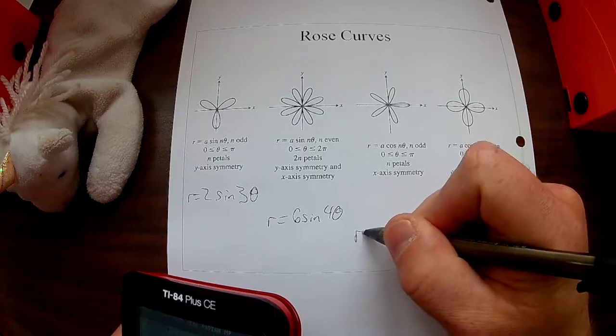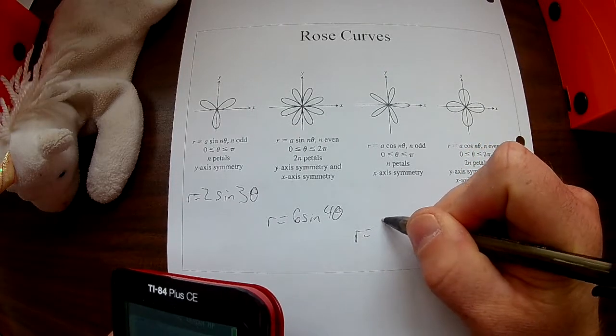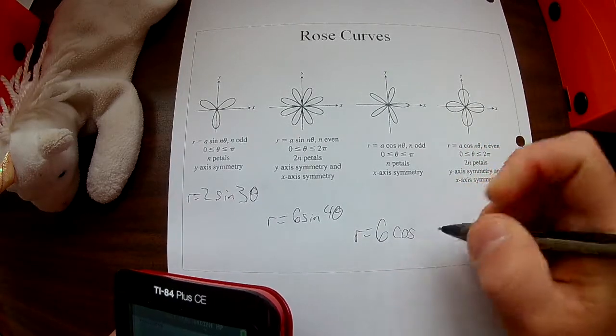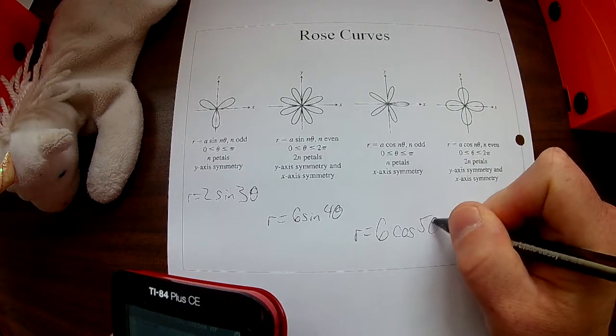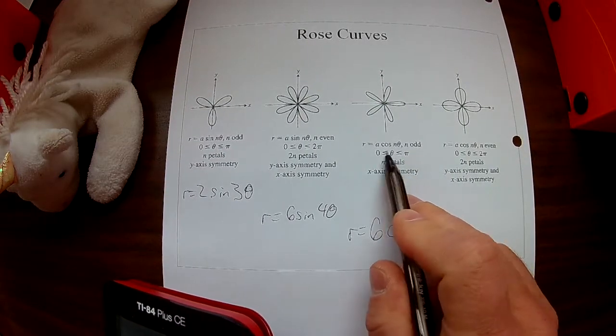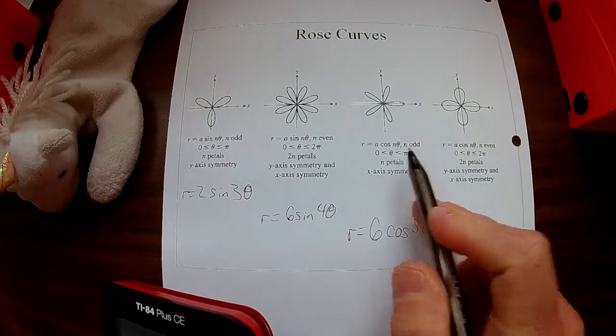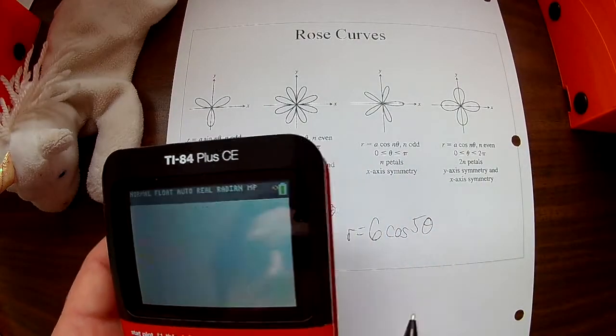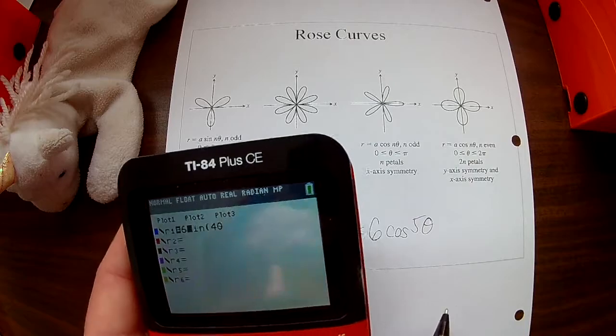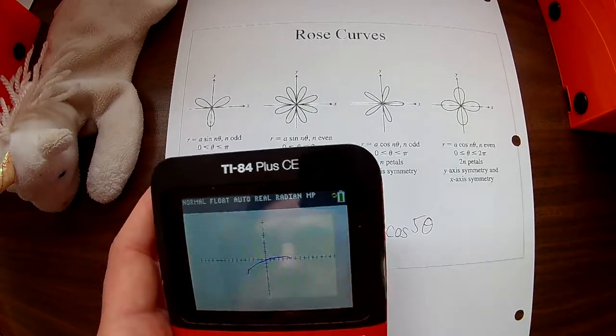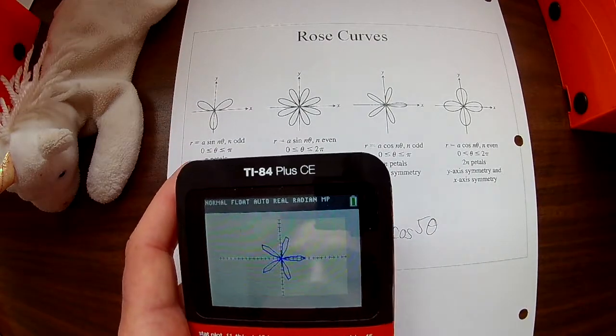Versus if I have r equals 6 cosine of 5 theta, notice that the domain for the uniqueness of this one is from 0 to pi. Again, jagged, but I don't care about that.